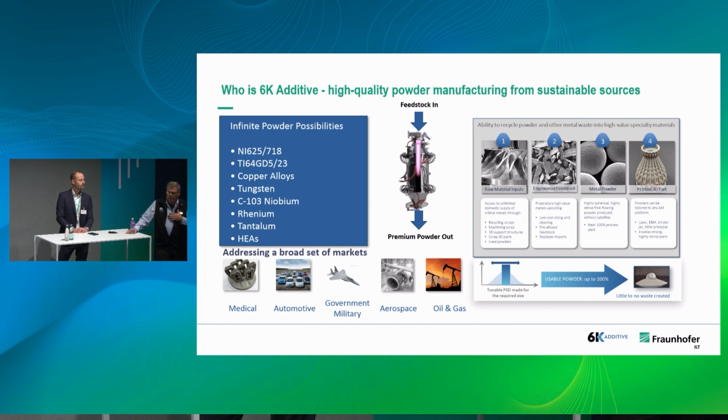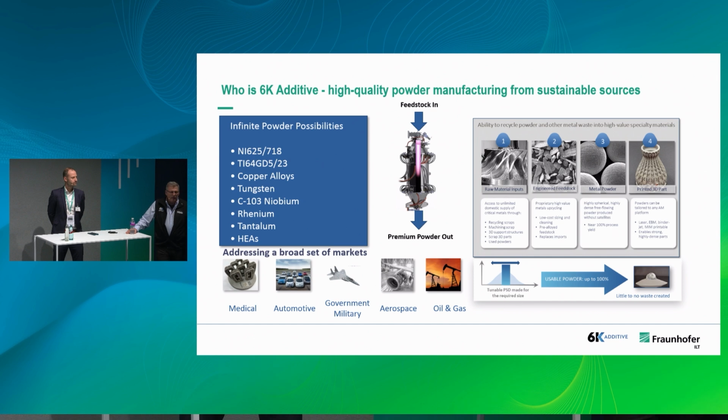Well, for us, that's not an issue. We start with actual scrap material, so CNC shavings, turnings, millings, as well as used powder. So we're not taking into effect for our LCA pulling materials out of the earth, because we're actually starting with scrap material. And what we do is we mill it down to a powder that's the size that you want.